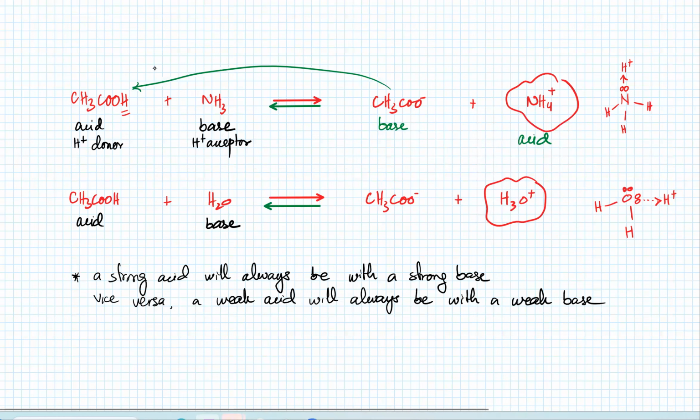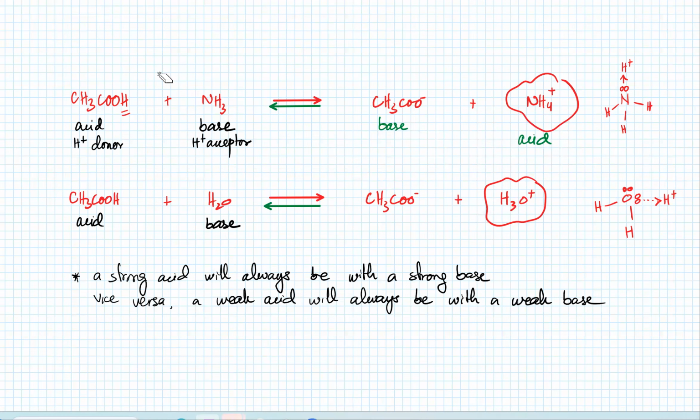Is that clear? Yep. So it accepts H plus ions. And if NH4 plus goes back, then it loses H plus ions, right? You can clearly see that there's more H on that side, fewer H on the left side, right?